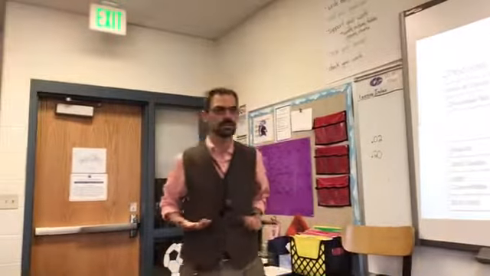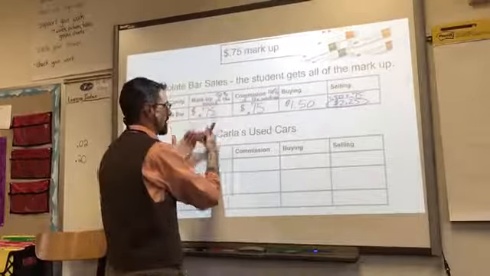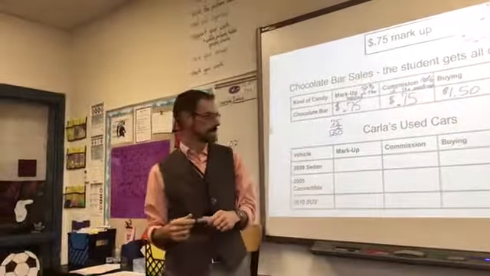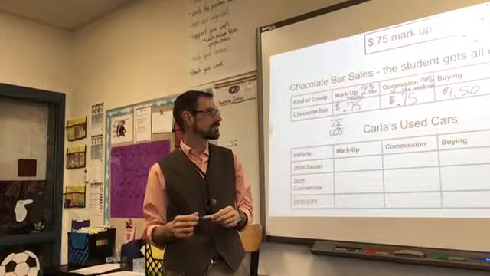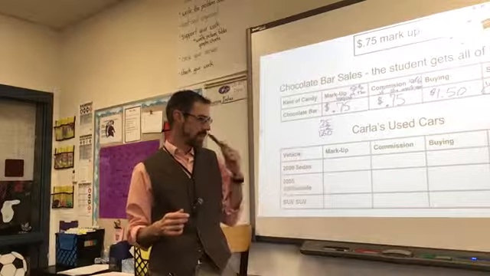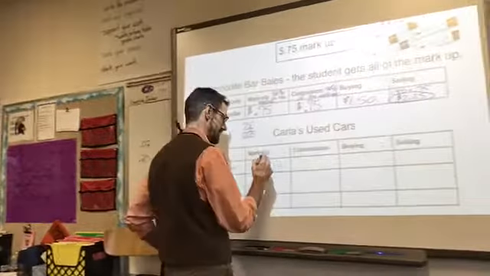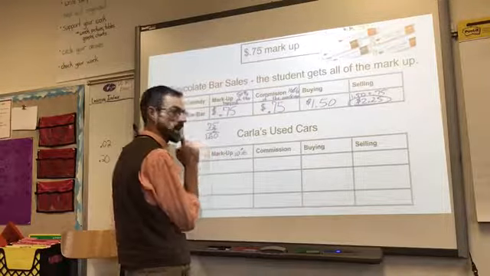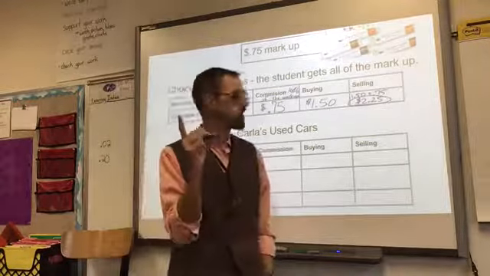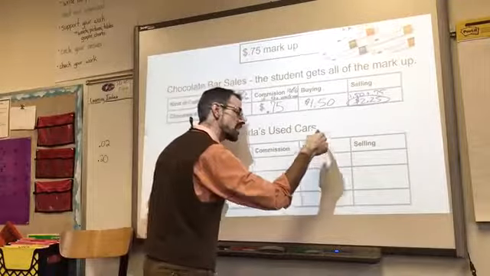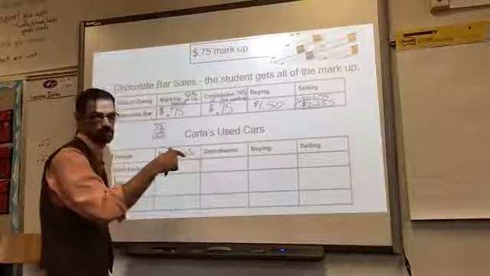So now he makes a profit. And what's great about it, he gets 100% of the markup. That's not how it always works. So down here, the markup is 10% of the buying cost. Now, hold on. So the markup is 10% of what it actually cost them.